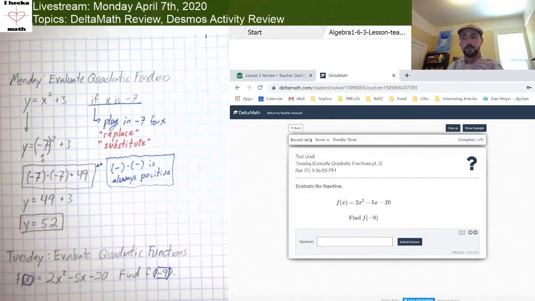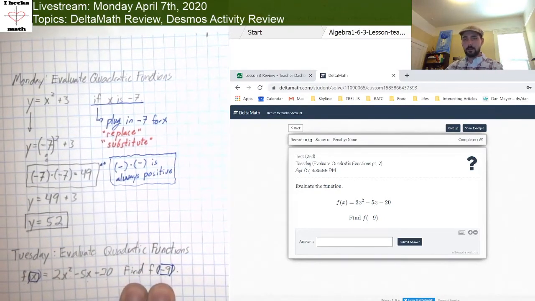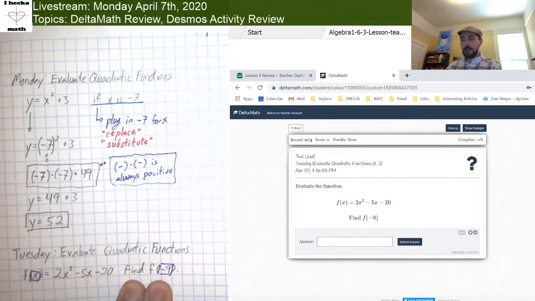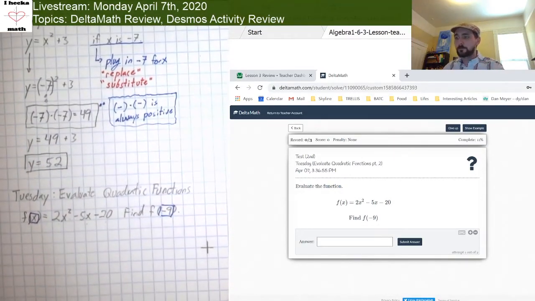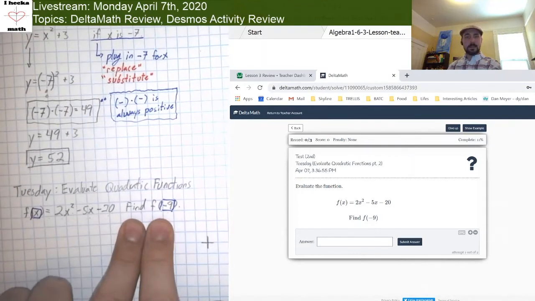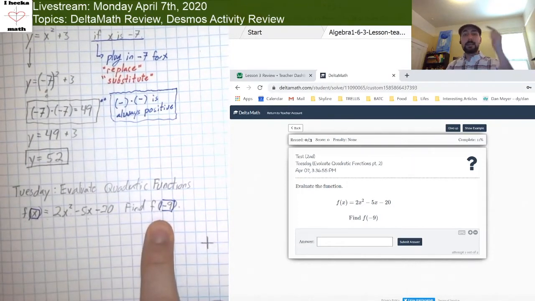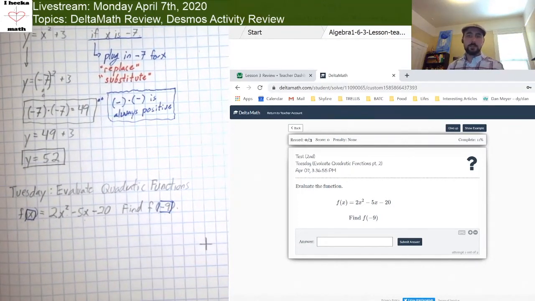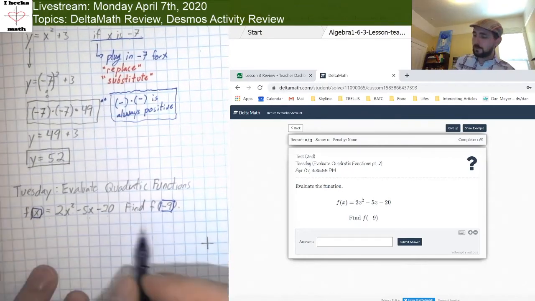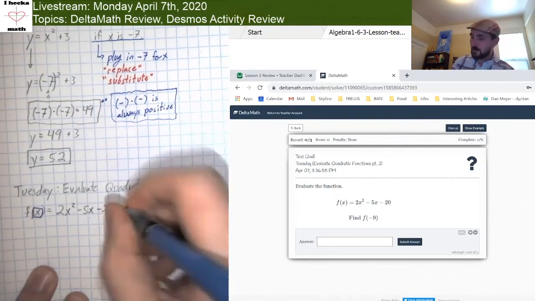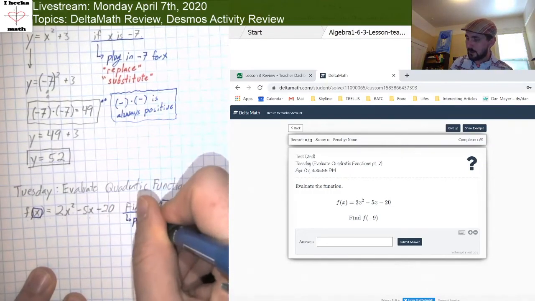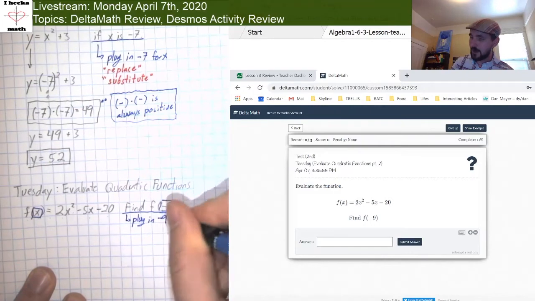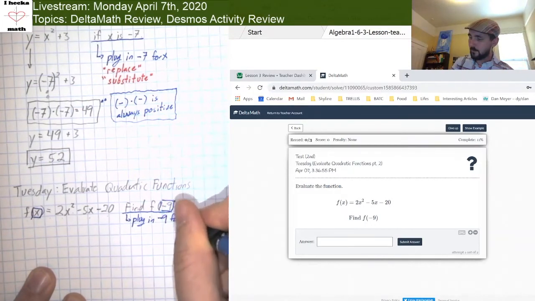And this is the part that's the same as what we did before, because this direction, find f of negative 9, is saying to do the exact same thing we did in the previous problem, which is to plug in negative 9 for x.